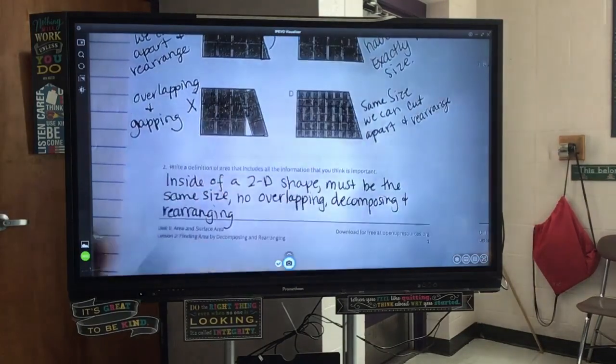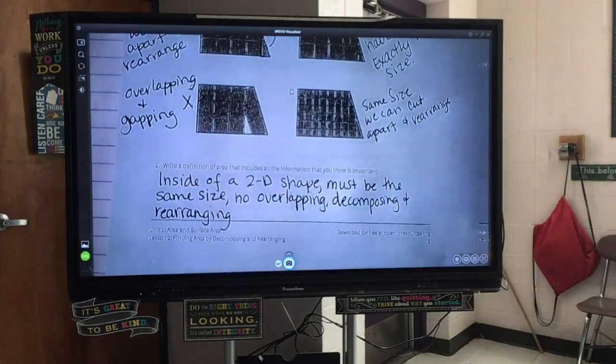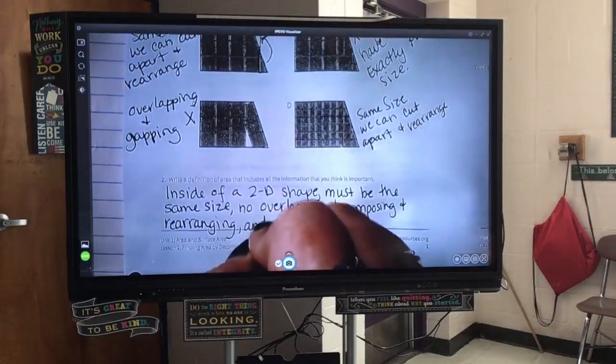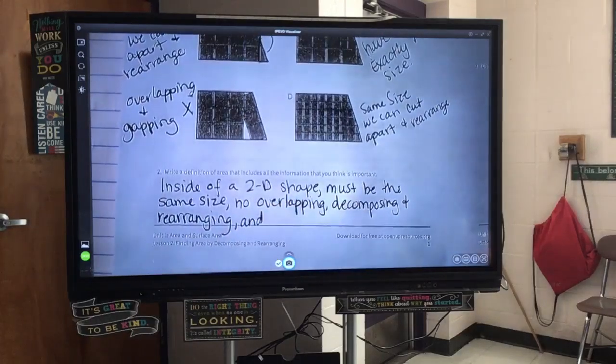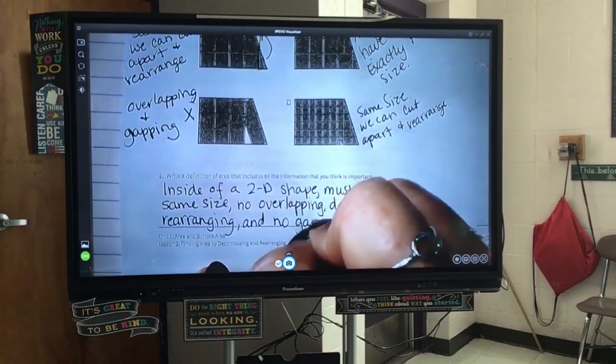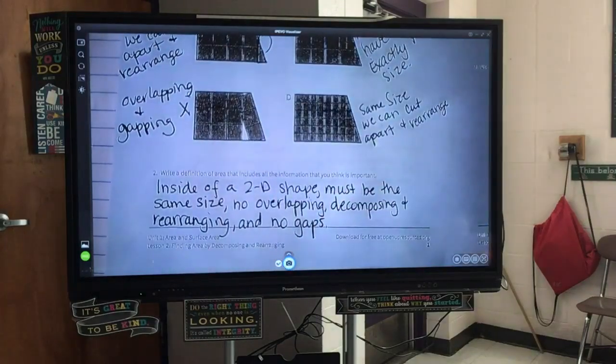And there's one more. So we've talked about no overlapping, same size, decomposing, rearranging, and what? Only one thing left. No gapping. Yes, so no gaps. All right, please make sure you have this information down. When you do, stand up.